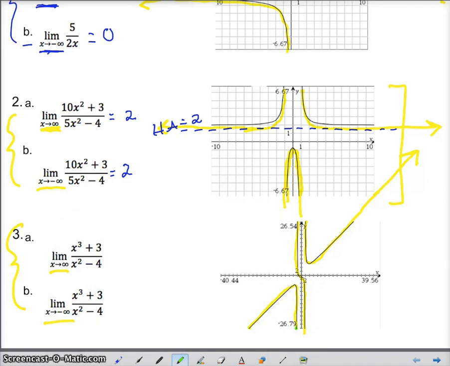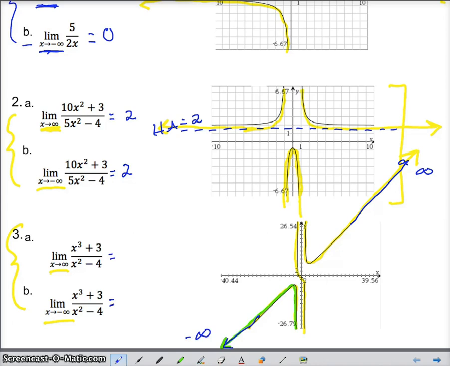For 3b, because x is approaching negative infinity, I definitely want to be in the leftmost section of the function, and now x is approaching negative infinity. What's y approaching? So in 3a, as x approaches positive infinity, it looks like y is also approaching positive infinity. In 3b, as x approaches negative infinity, it looks like y is approaching negative infinity.